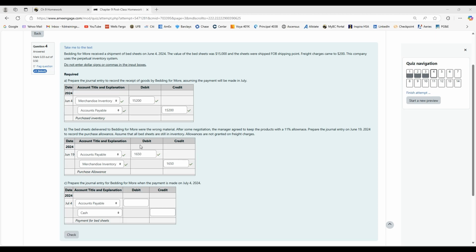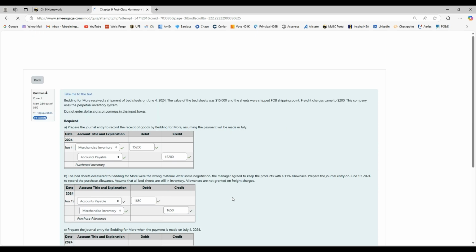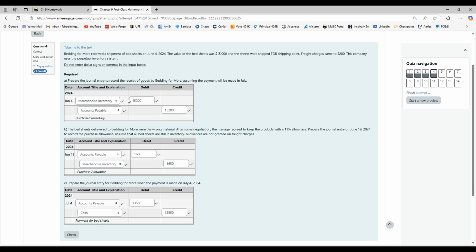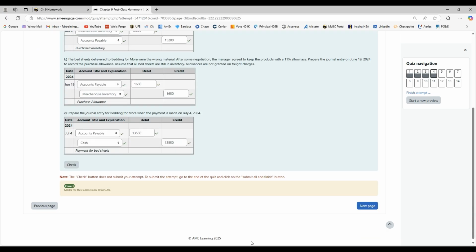Then our debit is going to reduce that liability, and that brings it down to 13,550. That's my math. Let's check ourselves there. Yep, and that's our payment. So you just have to make sure that you go back and update your payables, your amount that you owed, for updates, for things like returns or purchase allowances, etc.